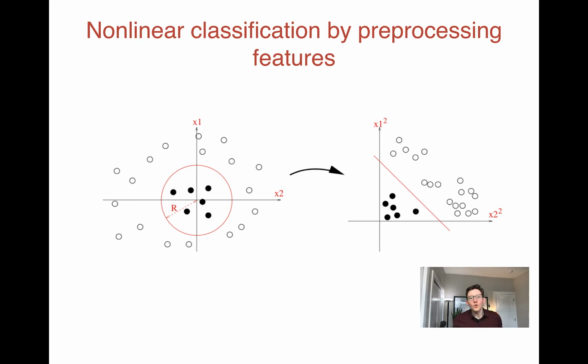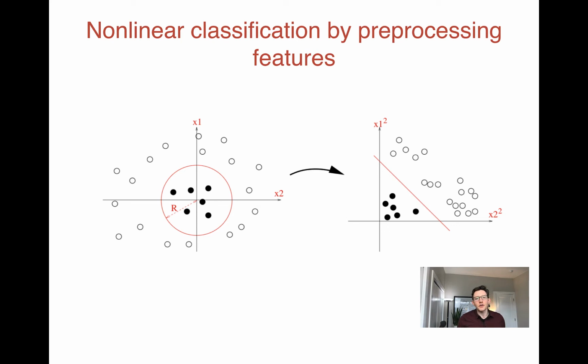However, that linear boundary is in feature space, and we can often get a nonlinear classification. Often it's very practical to do classification using a linear model like logistic regression and get a nonlinear boundary by pre-processing our features.